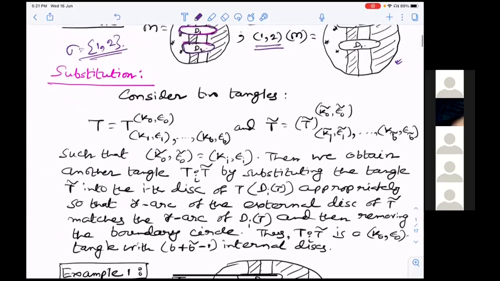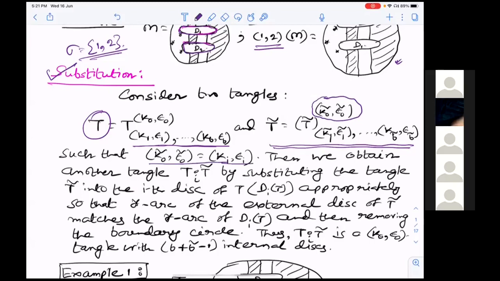Now this is the most important operation, substitution. By substitution, one can get another tangle. So this is my T, and suppose this is T tilde, such that the color of the external disk of T tilde is the same as the color of some ith internal disk of T. We want to resize T tilde in such a way that we can put it in the ith disk of T. So the colors should match, otherwise how can I put it?